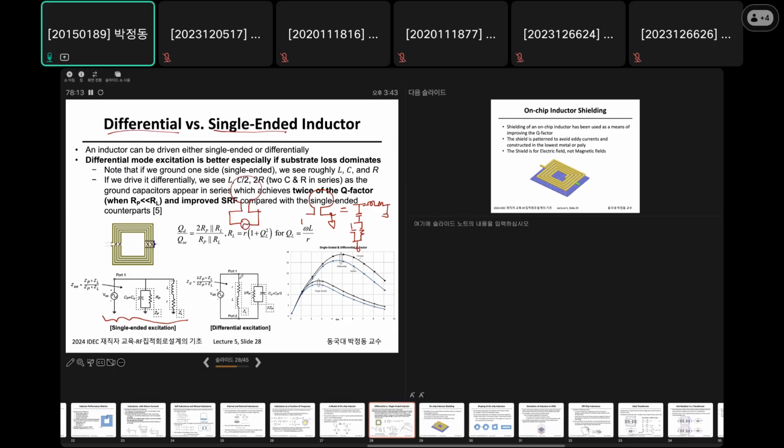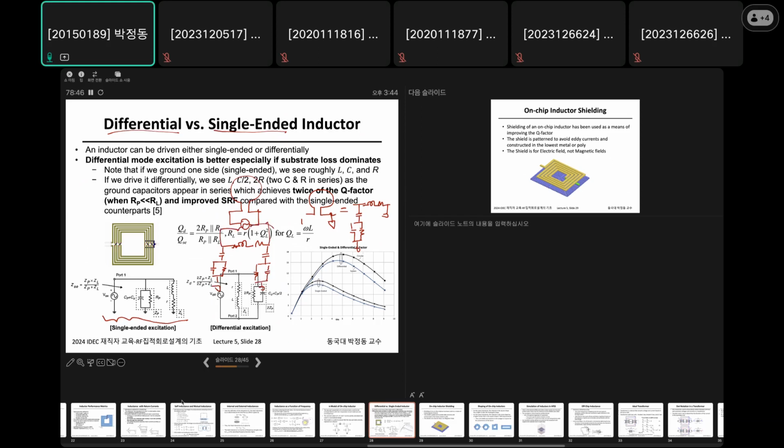Okay, then what you can see is we have two resistors, and see this, right? See here, connect here, excite differentially.